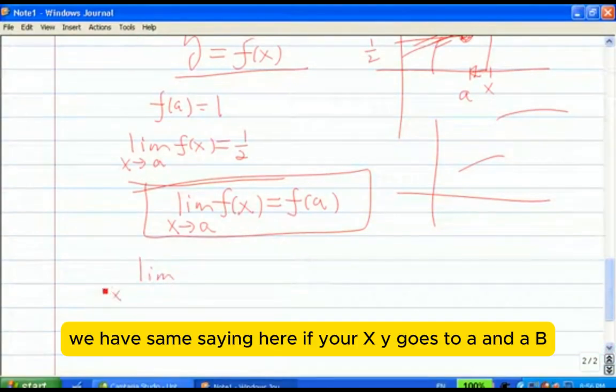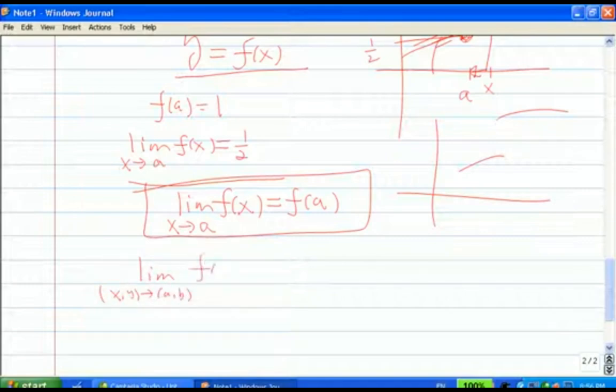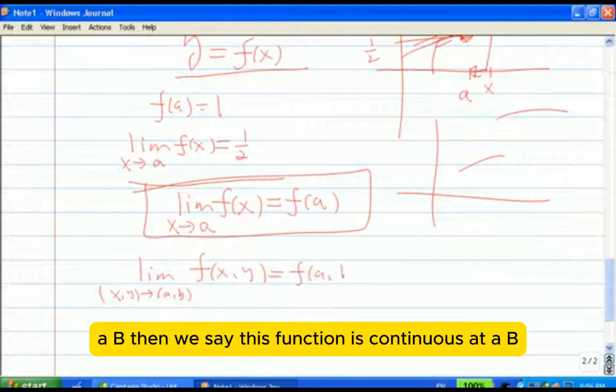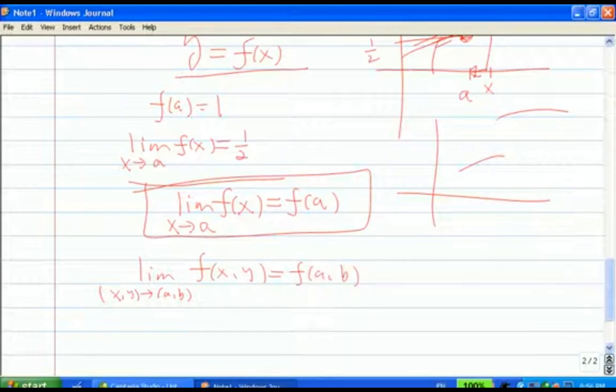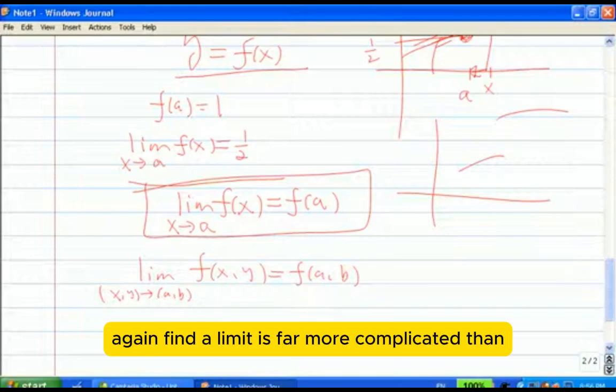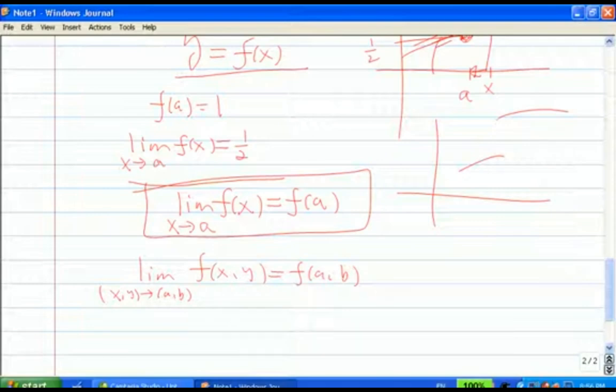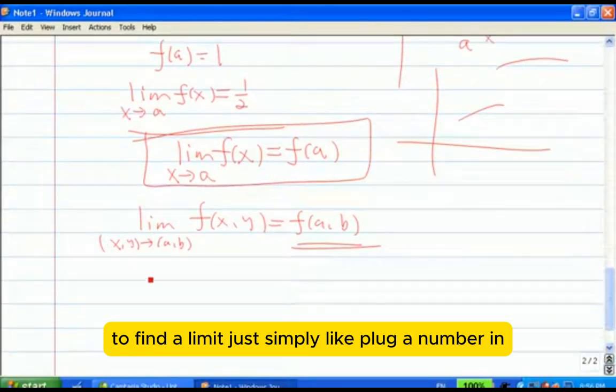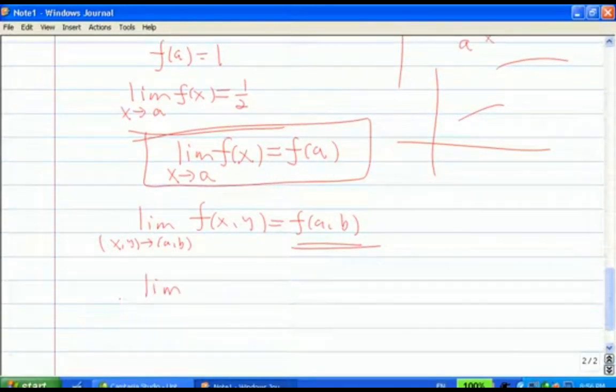If (x,y) goes to (a,b), and this gives you f(a,b), then we say this function is continuous at (a,b). Again, finding the limit is far more complicated than plugging a number in. However, if your function is continuous, finding the limit is simply plugging the number in.